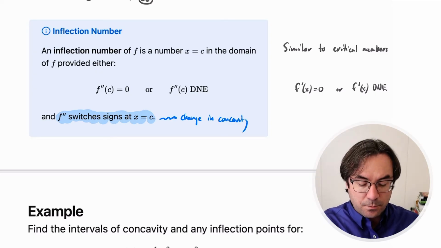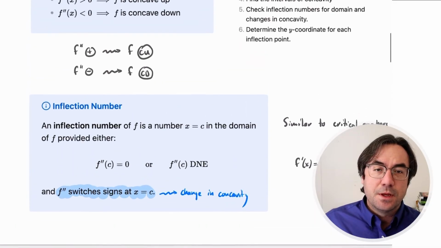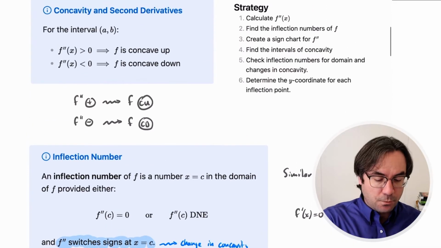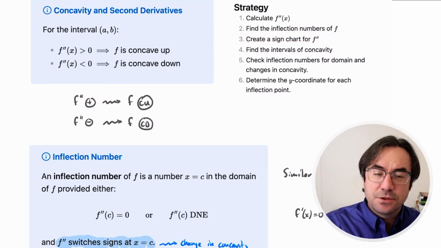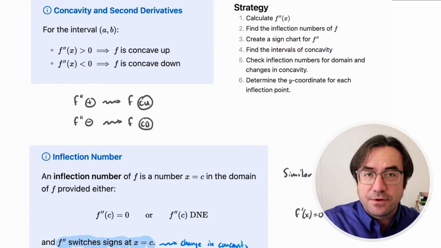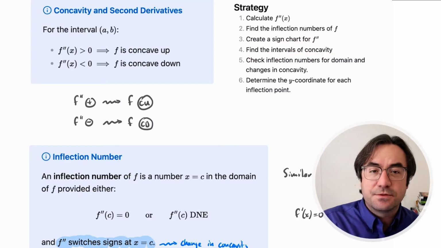All right, so we're still interested in places where the second derivative is 0 or undefined. So that's step 2. We're going to find the inflection numbers for f, so look for where the second derivative is 0 or undefined. And then we're going to do a sign chart for f double prime. And then from that sign chart, we'll be able to get the intervals of concavity.